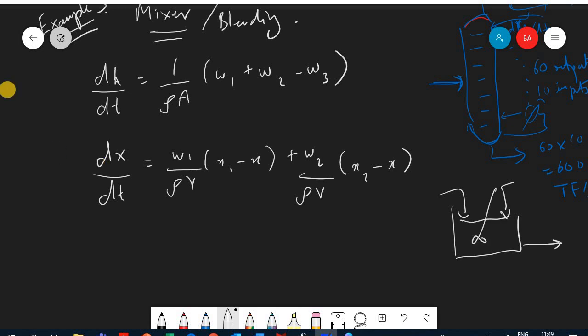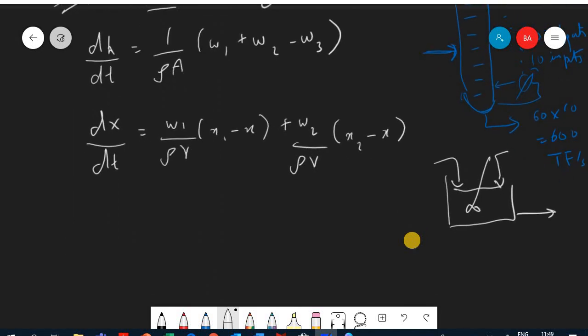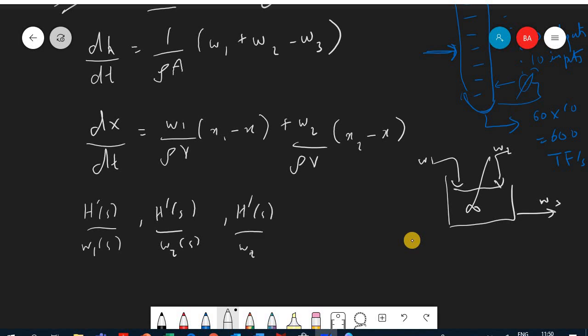So in this system, how can I represent my system? If you look at it, I'll tell you what the relationships in transfer functions are, so that I can find how height changes with W1, which are the input flow rates. I also can find how the height changes if W2 changes, and how height changes if W3 is changing.